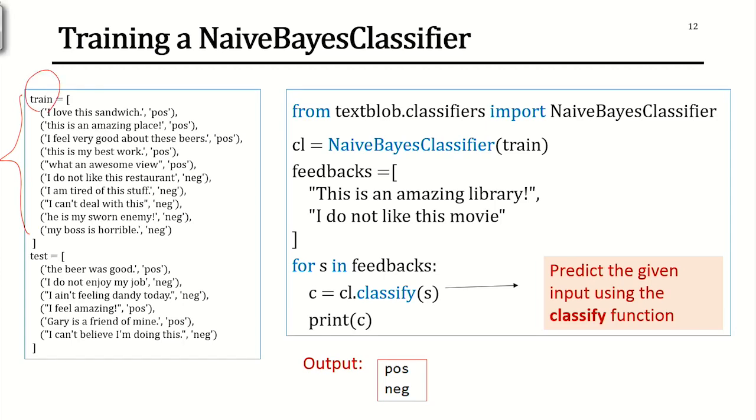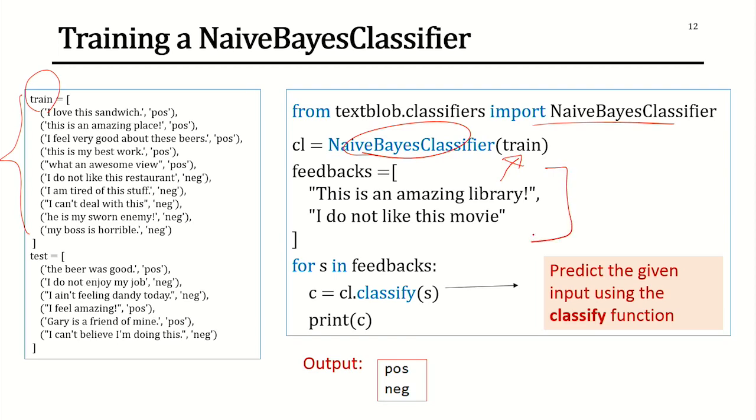And next, we can use this input data to classify whether it represents positive or negative information. So we can import this classifier, and next we can create an object of the NaiveBayesClassifier, and then we can train this using the data provided from the training.